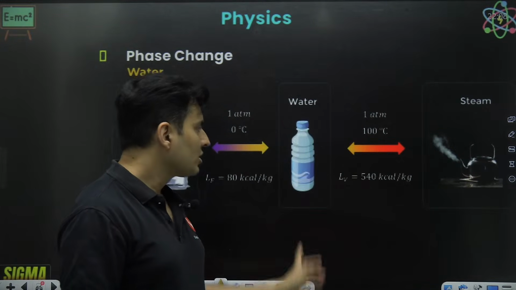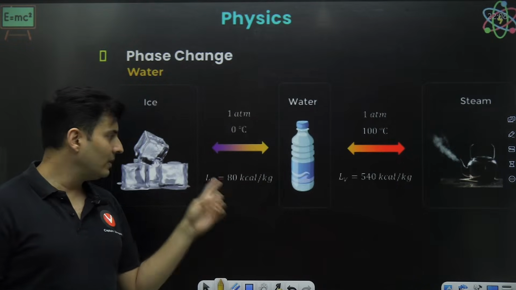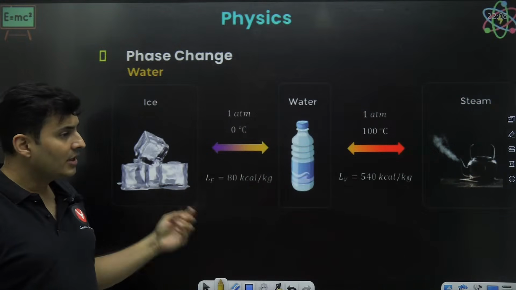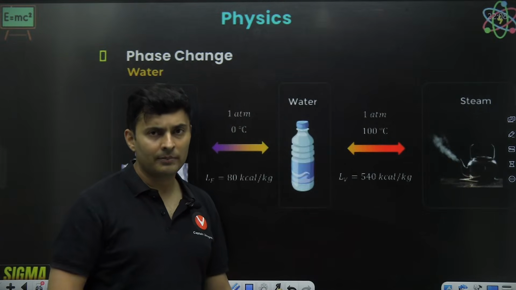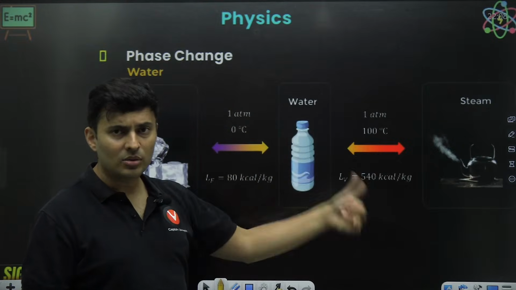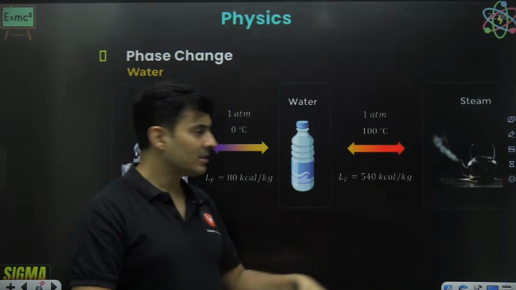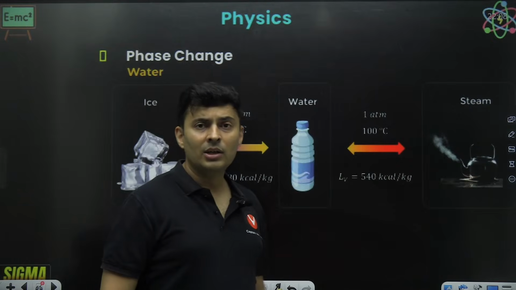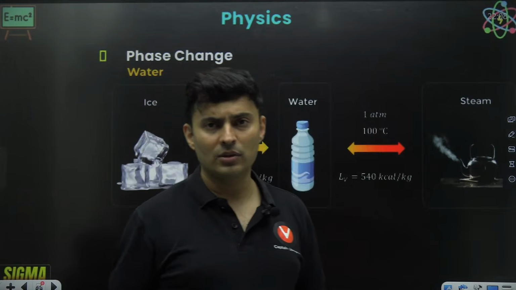So for every gram of ice to be converted into water, you will need 80 calories of heat to be supplied. And if you want to convert that water into ice, you will need to suck out 80 calories of heat per gram. Same way, if you have 1 gram of water which has to be boiled into steam, you will need to supply 540 calories of heat. And the reverse, if you have 1 gram of steam and you want to condense it into water, you will have to remove 540 calories of heat.